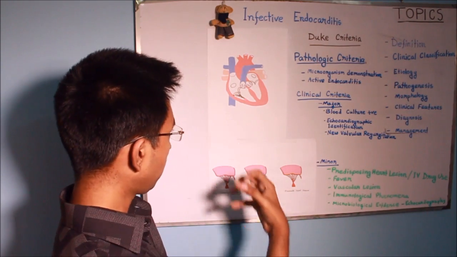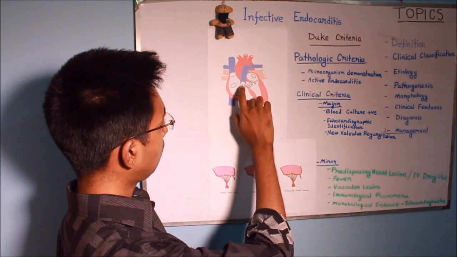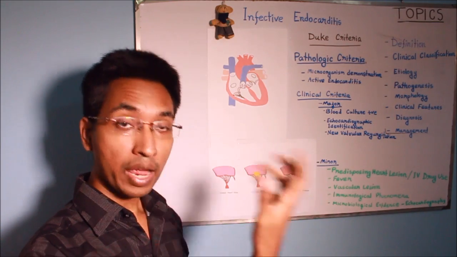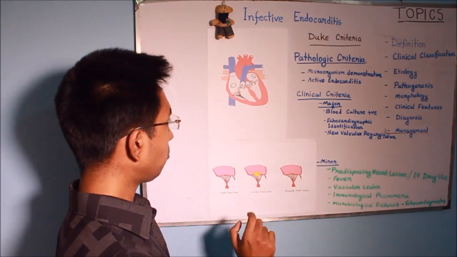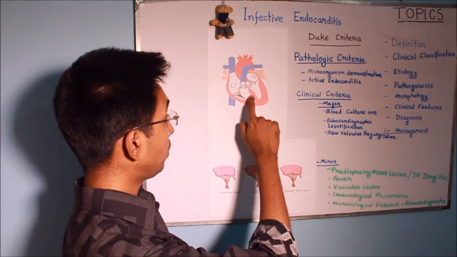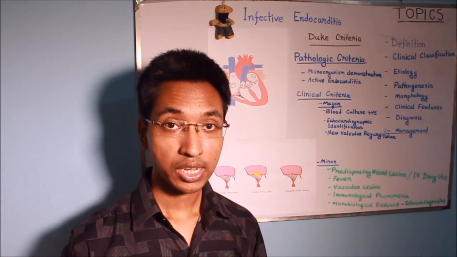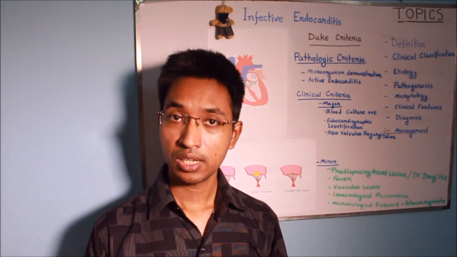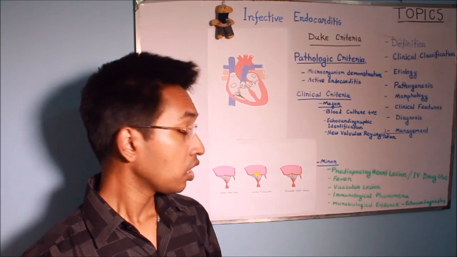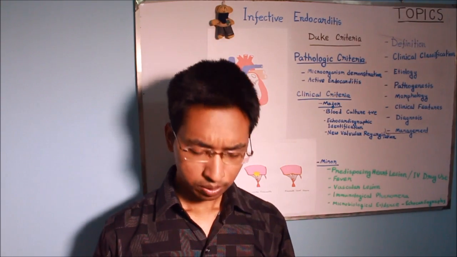So they will act as anchor, and they will prevent these valve leaflets from bulging or protruding or prolapsing into the atrial chamber when the ventricles are contracting and when the intraventricular pressure is high. So that is the role of chordae tendineae, and as we are seeing here in infective endocarditis, the vegetations may also extend on the chordae tendineae as well.